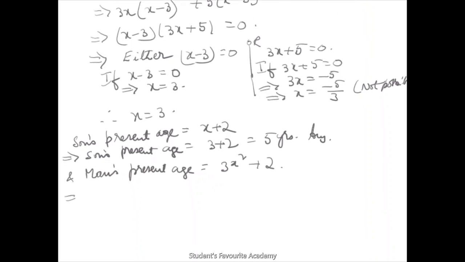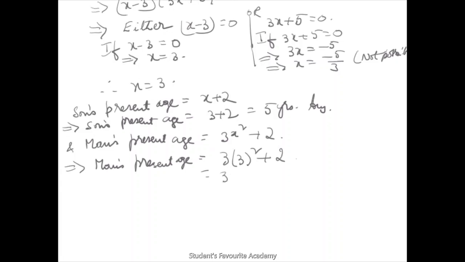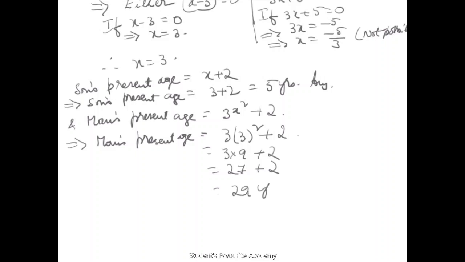So implies man's present age is equal to 3 into our x is 3, so 3 square plus 2, that is 3 into 9 plus 2, so that is 27 plus 2, that is 29 years. So this implies man's present age is 29 years. Answer. Okay, do you follow?